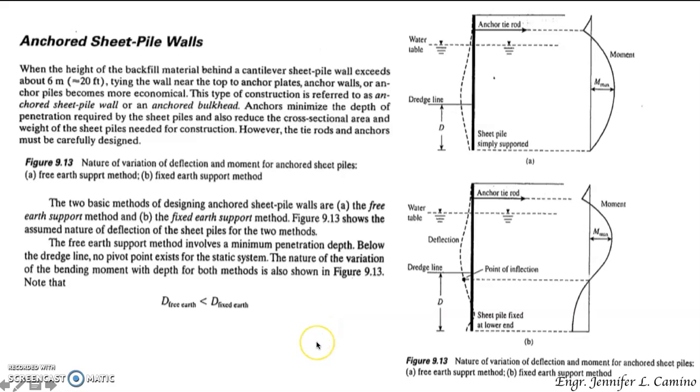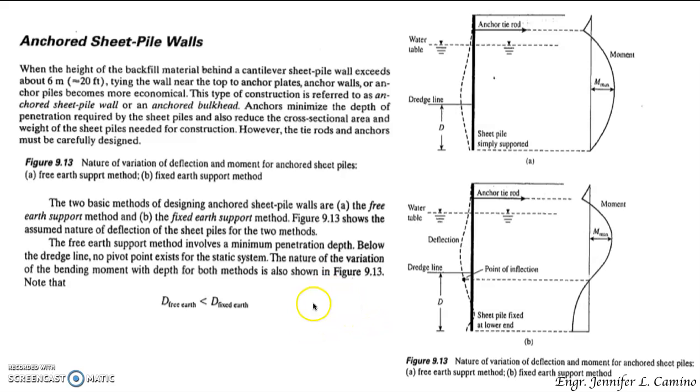The two basic methods of designing anchor sheet pile walls are the free earth support method and the fixed earth support method. It shows the assumed nature of deflection of the sheet pile for the two methods. The free earth support method involves a minimum penetration depth below the dredge line.